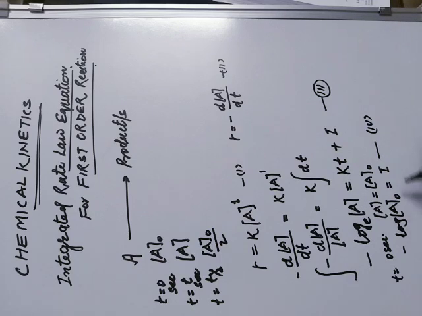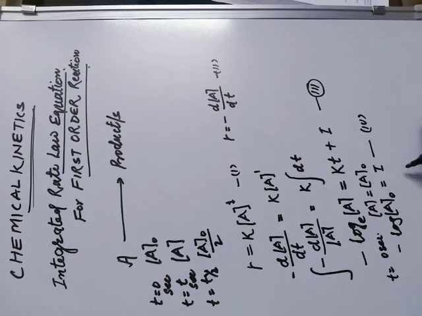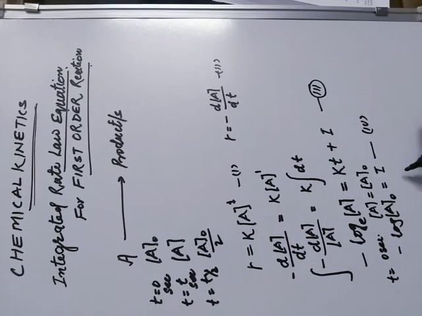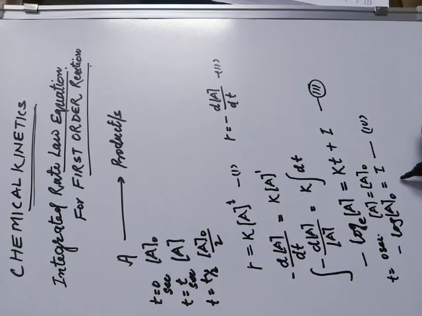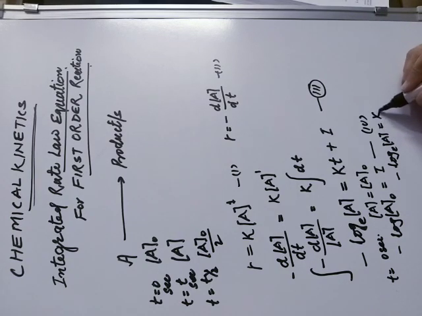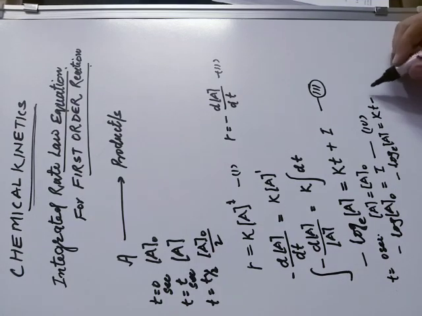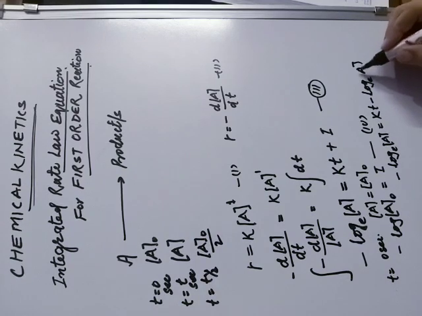We can put the value of I into the third equation. Then what will be the new equation? That will be minus log base e A is equal to Kt, and we put the value of I, so it will be minus log base e A naught.